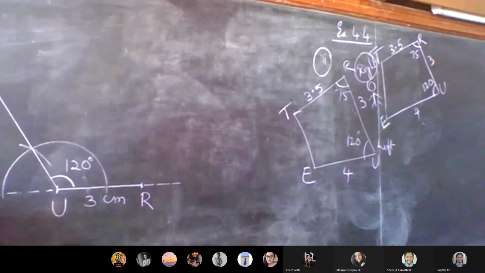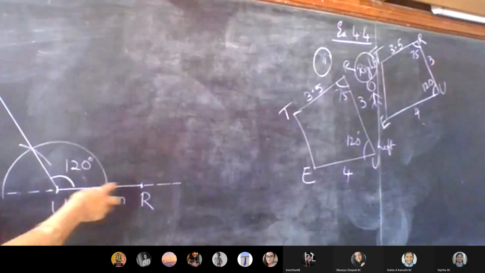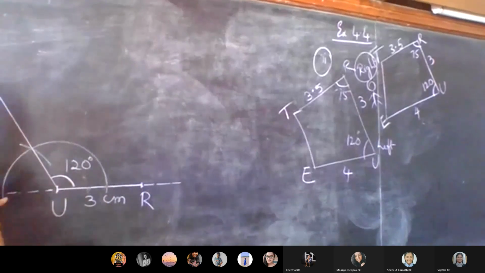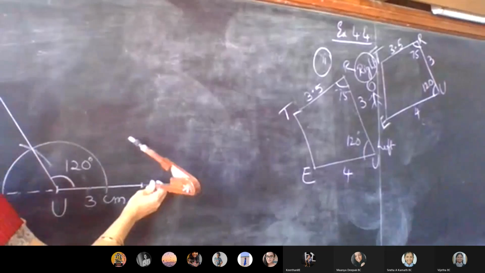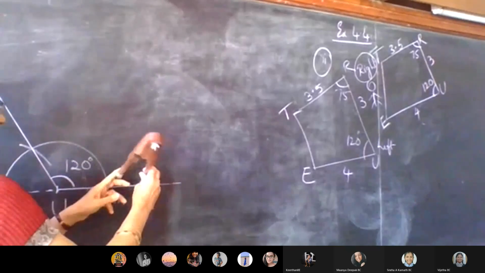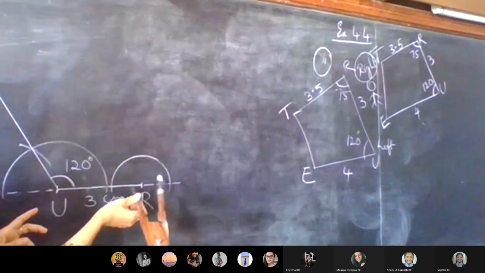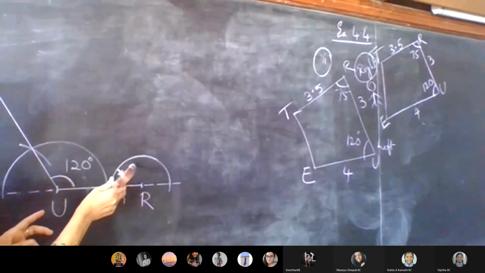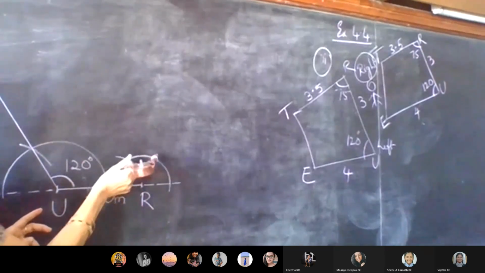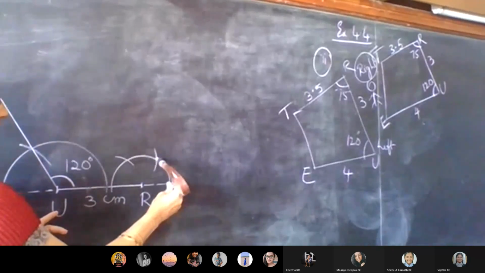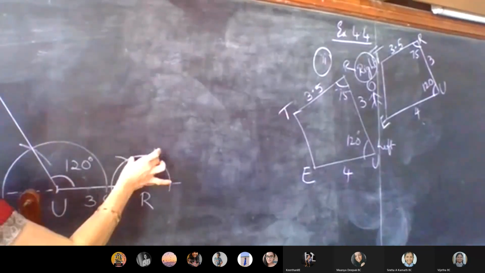Now, whatever that time we did, 75 degree, I have to do here. So you should be experts now. 75 degree. Draw one semicircle. That semicircle only you have to cut. Don't go to do anything else. So we have done 60, 60, 60.